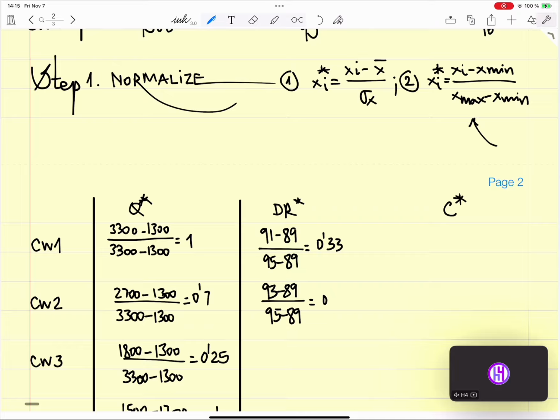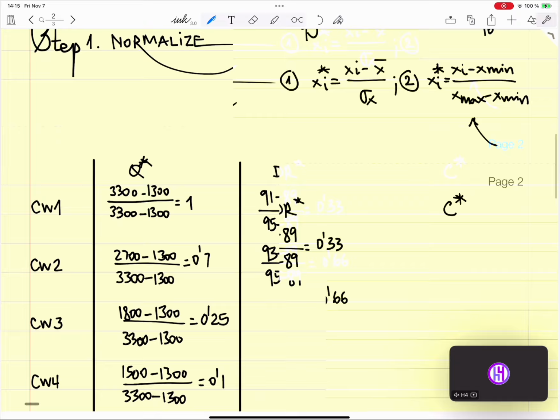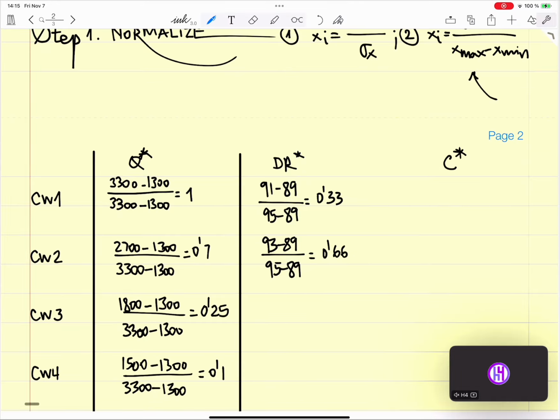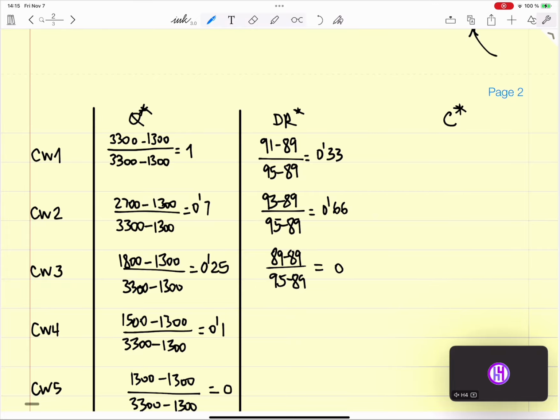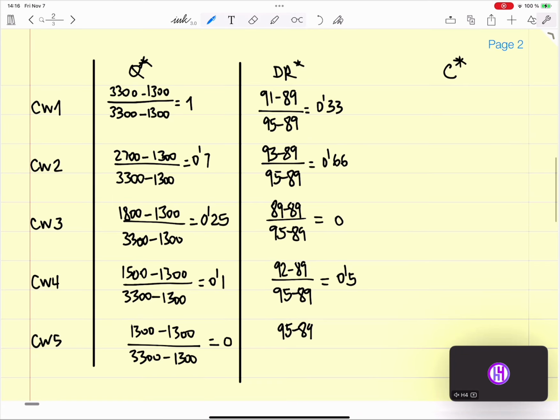This delivers 0.66. 89 minus 89 divided by 95 minus 89. This delivers 0. 92 minus 89 divided by 95 minus 89. This yields 0.5. And 95 minus 89 divided by 95 minus 89. This yields 1.